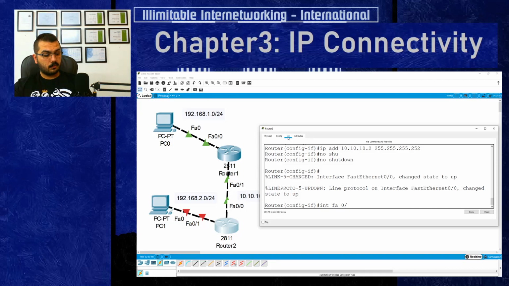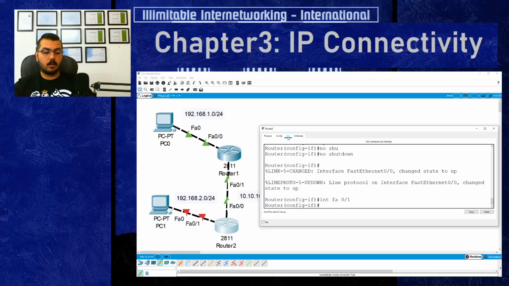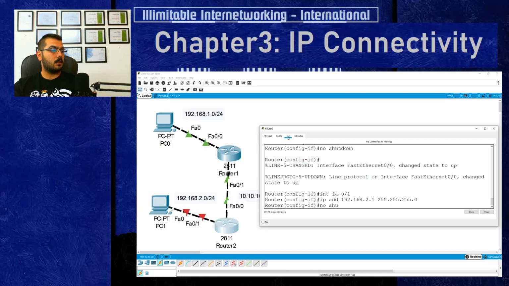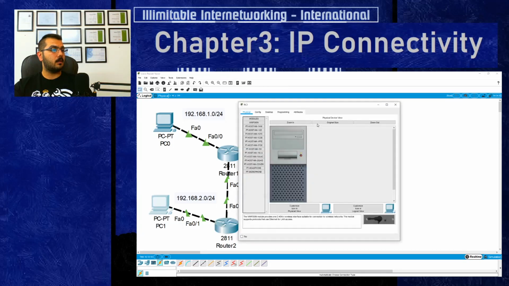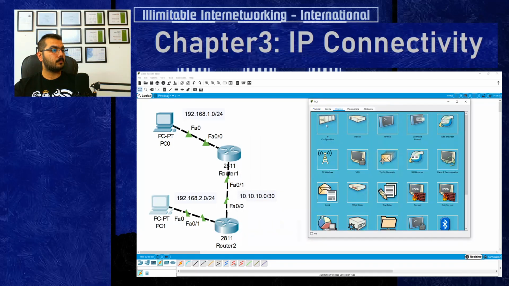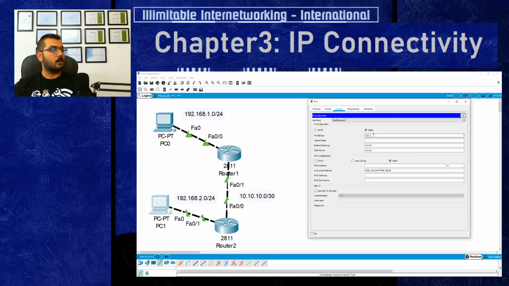And please configure 0/1 to have the IP address of .2.1, which will be the gateway of this last PC there, and finally this PC here will have 192.168.2.10, because it's a PC.